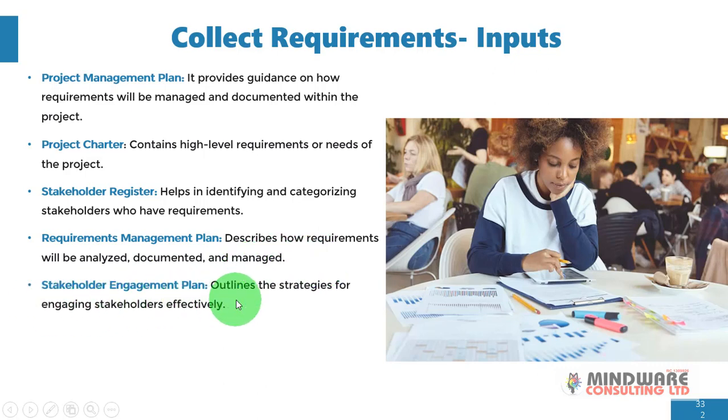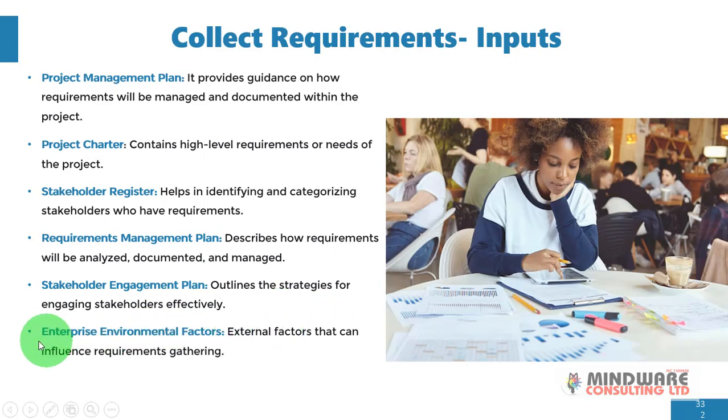Stakeholder engagement plan. This outlines the strategy for engaging stakeholders effectively. This is very important. Enterprise environmental factors. These are external factors that can influence requirement settings.